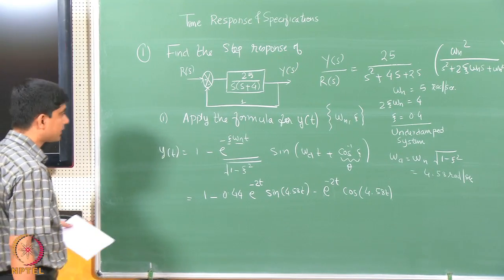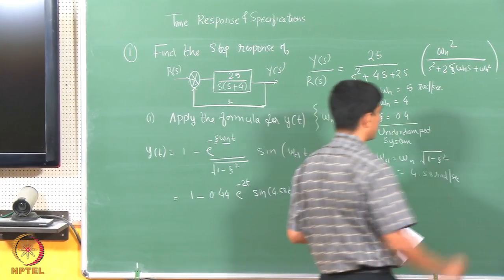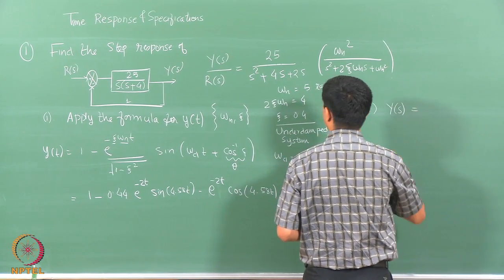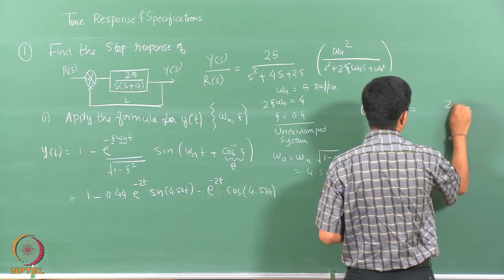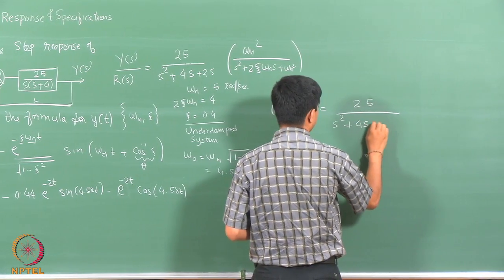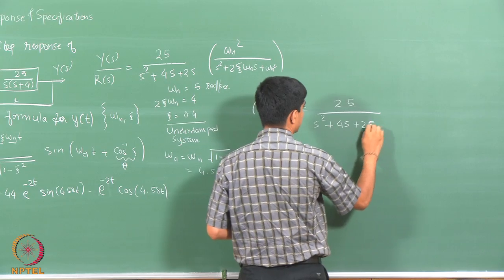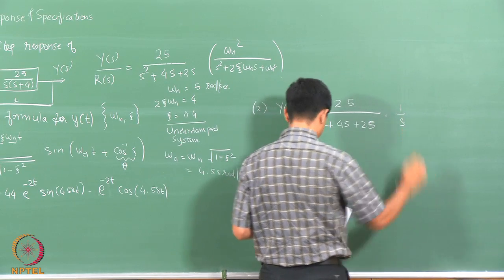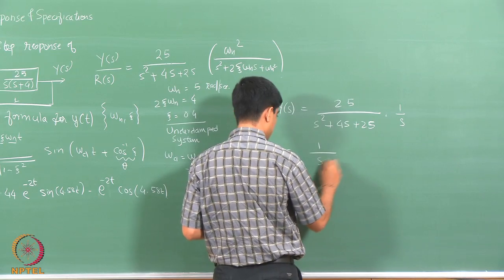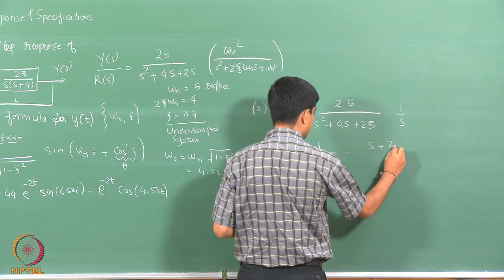Okay. Another way to do it, that I know Y(s) is 25 over s square plus 4s plus 25 times 1 over s, and I could just write this down in this way.